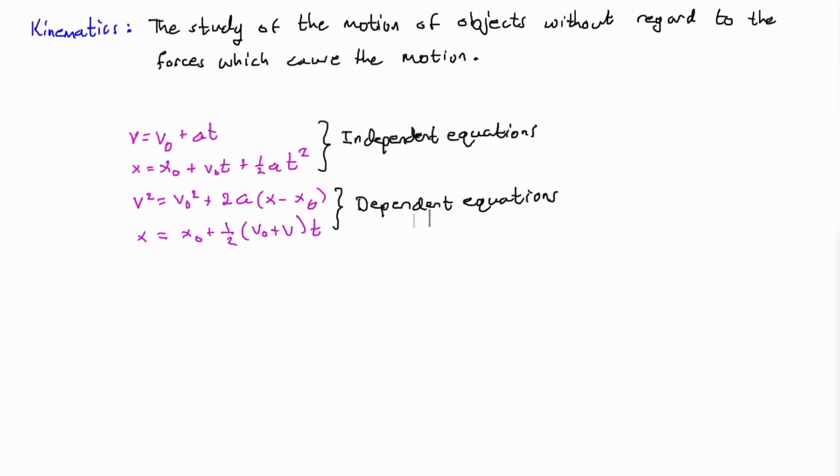So what is this telling us? Well, the first equation, I'll label it equation number 1. That's just the equation for the final velocity of an object.